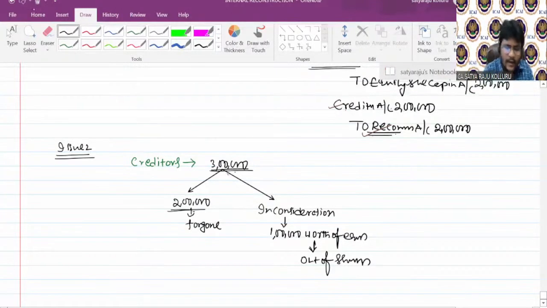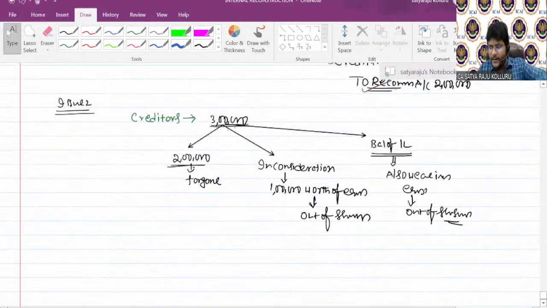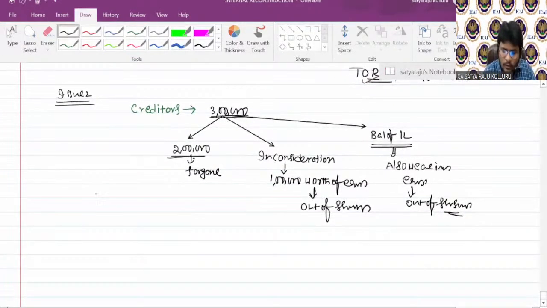Still there is a balance of 1 lakh, right? For the balance of 1 lakh also we are issuing equity shares out of share surrender. Now concentrate one by one. The total amount is 3 lakhs, right? Out of that, he is foregoing 2 lakhs.